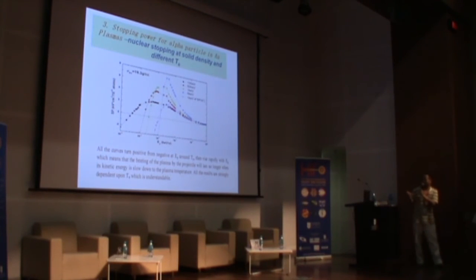We think that when the energy of the alpha particle is below the temperature, it will obtain energy from the projectile, and then at this time the DT ion will not be heated by the alpha particle.